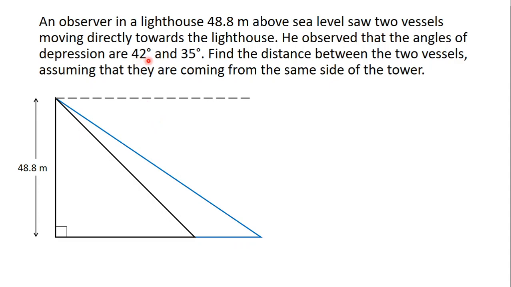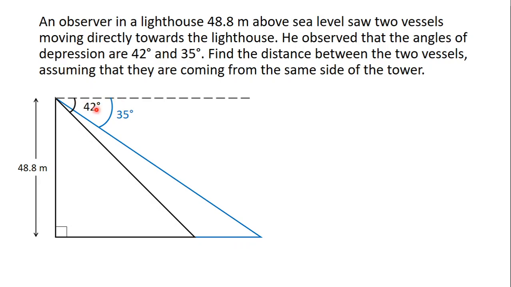Okay, so kung dito tayo magbe-base from this horizontal line, itong black and the broken line form the 42 degree angle. Therefore, itong blue line and the broken line, these are the ones that form the 35 degree angle. Kasi mas maliit yung 35 degrees kaysa 42 degrees.